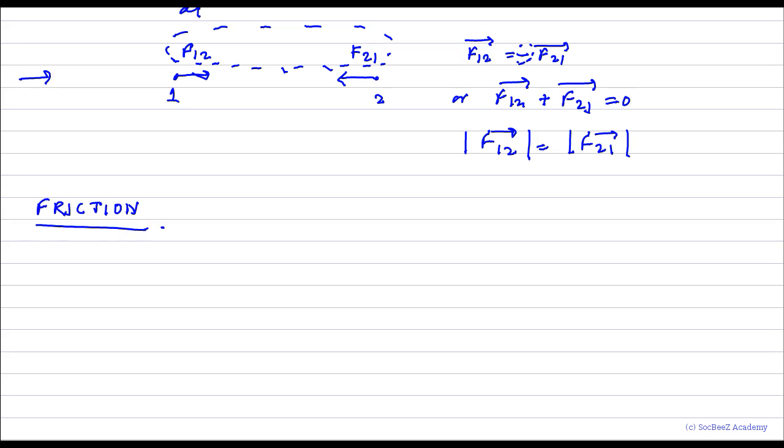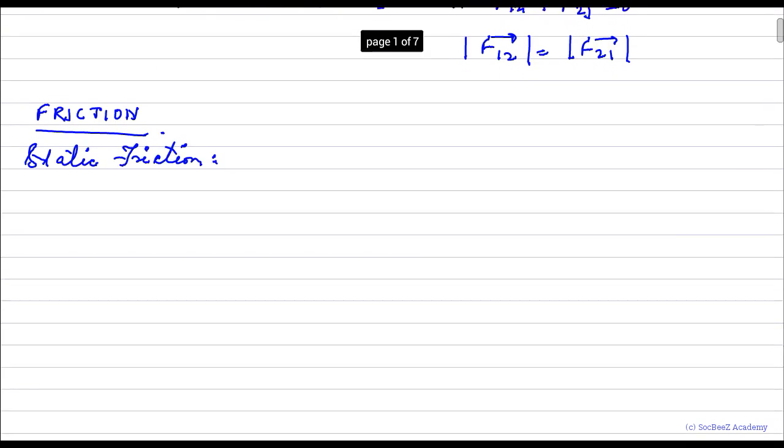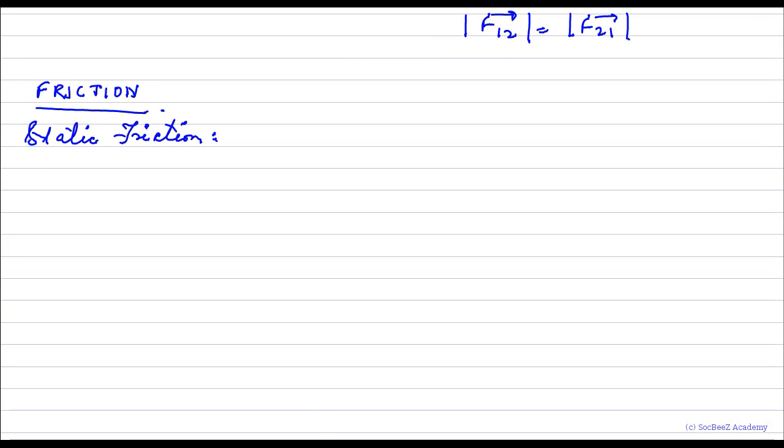Basically we have two types of friction, one is static friction, the other one is kinetic friction. Basically the only purpose of the frictional force is to reduce the relative motion between the two bodies, or to negate the tendency of two bodies to have any relative motion between them, provided they have some roughness in between them.